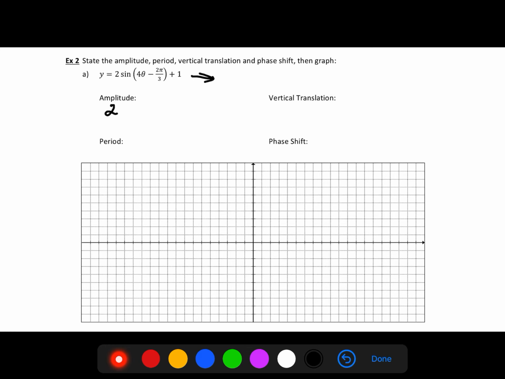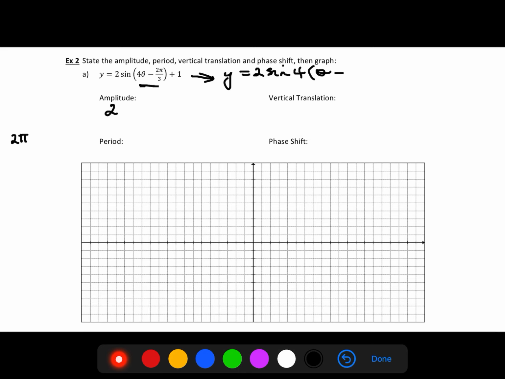So our first one we want to pay attention to, first of all, our amplitude is 2. What we have to do in here is we're going to have to factor. So we have to take our 4 out.